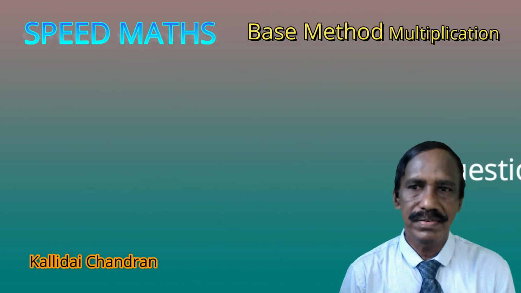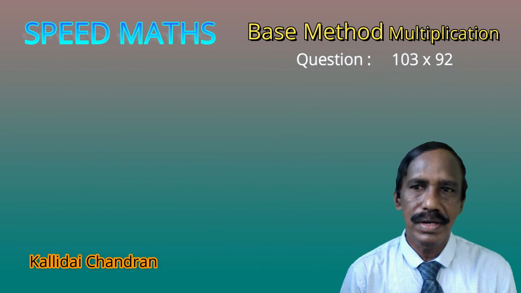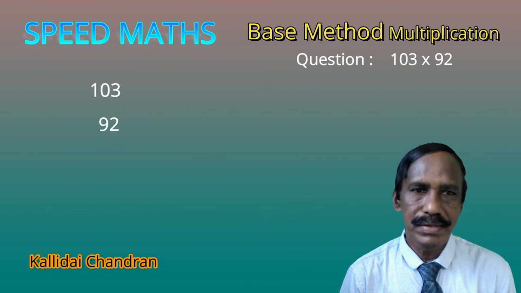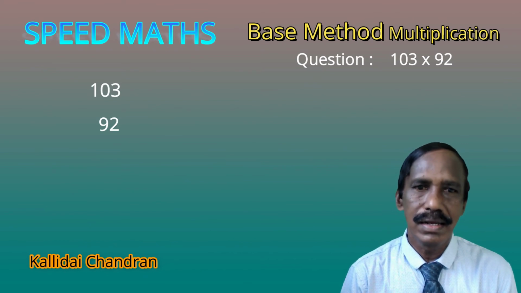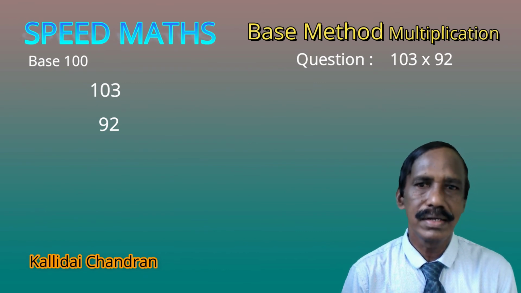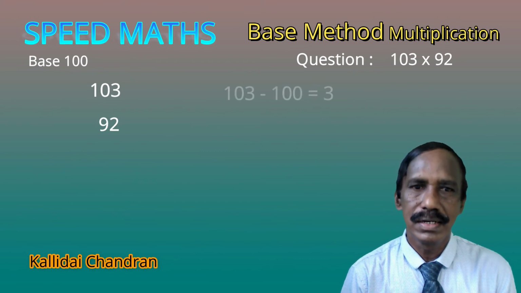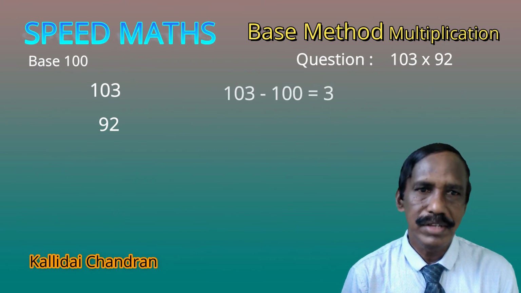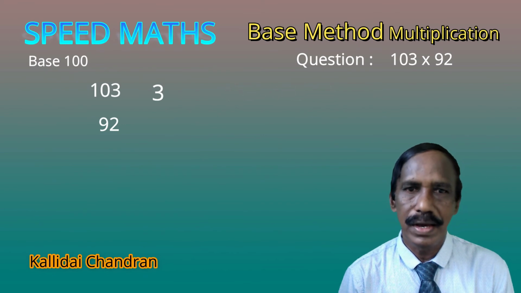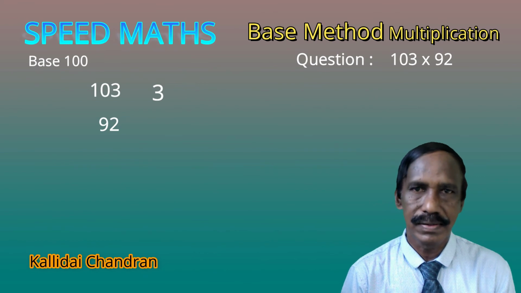Now the question is how to multiply 103 and 92 using this base method. Base is 100 and write down 103 and 92. Then deduct the base figure of 100 from 103 and write the answer of 3 as displayed here. Then deduct the base figure of 100 from 92 and write the answer of minus 8 here.